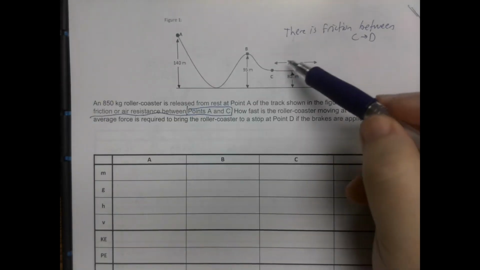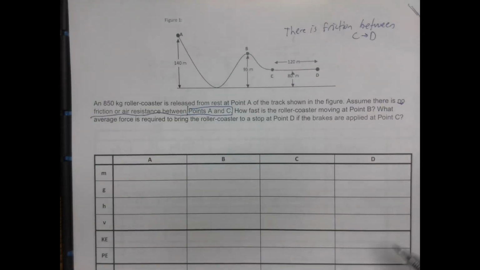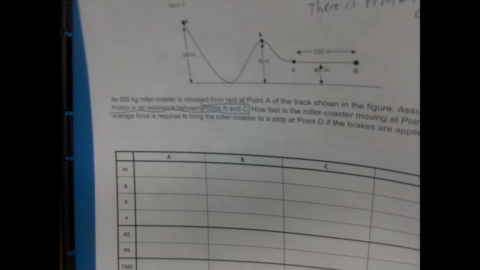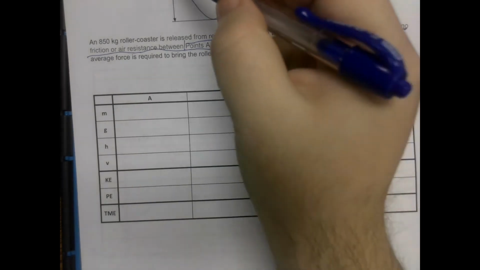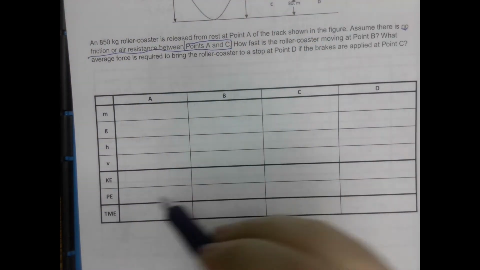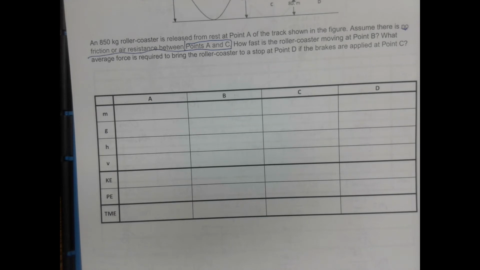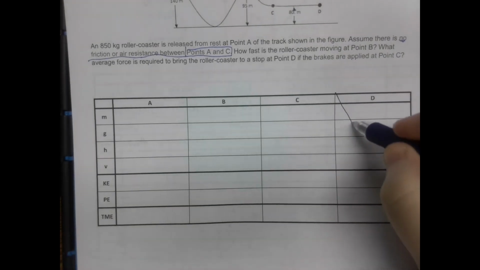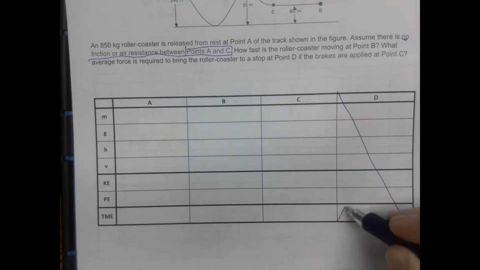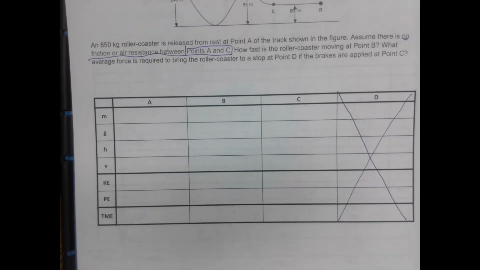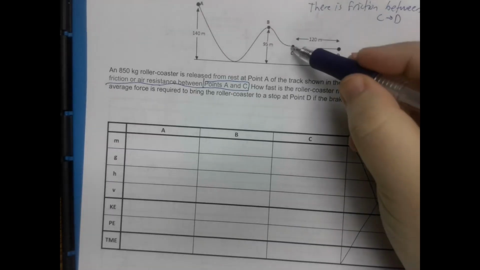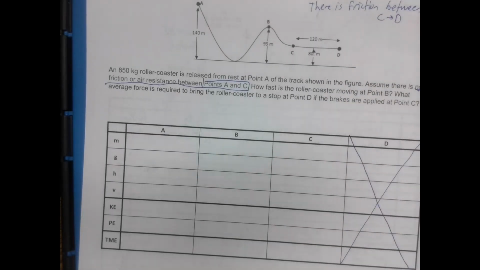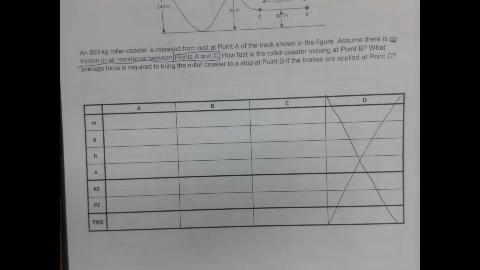So the mechanical energy will be lost between C and D. So we can't use our problem-solving technique for point D. Only between A and C can we actually use this table to help us solve. So I'll still write into this, but just to help us out, this is going to be wrong. Because between C and D, there is friction, we can't use this table to help us solve it.